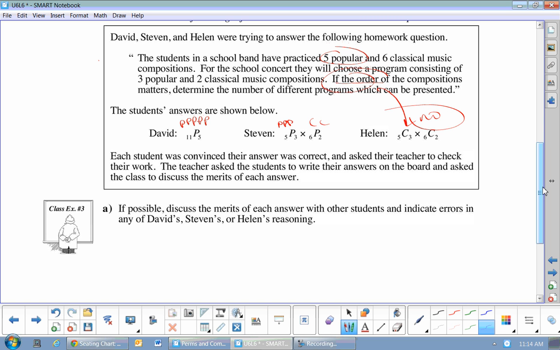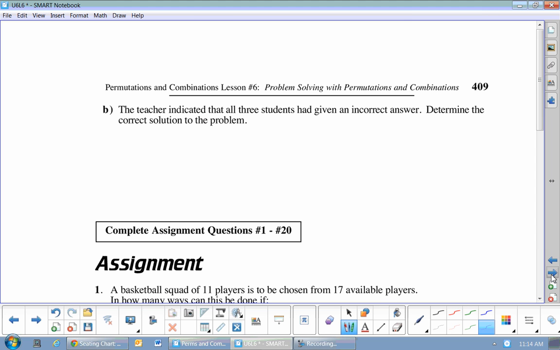Because so we're doing, so if you do go over here, it says the solution indicated that they're all incorrect. Determine the correct, okay?